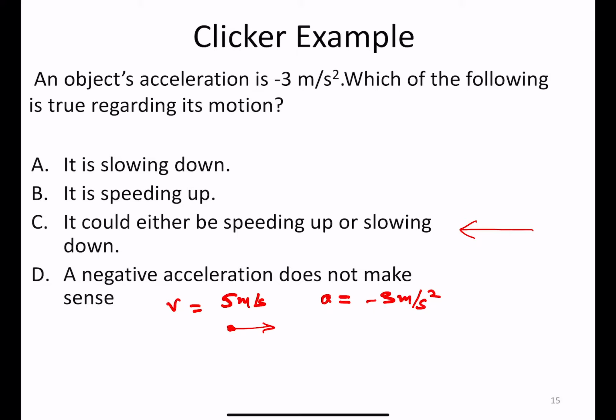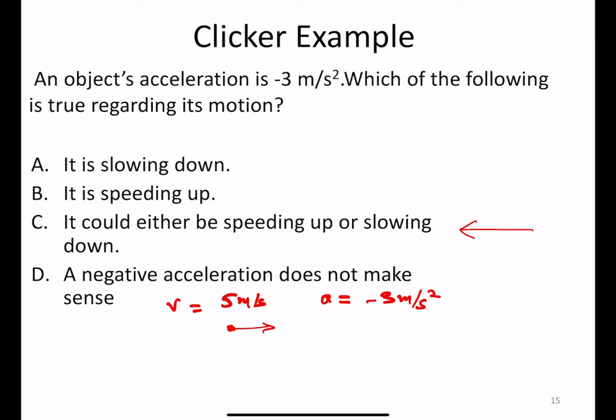What is the velocity going to be after 1 second? As we saw in a previous slide, a constant acceleration of minus 3 meters per second squared means that every second the change in the velocity is minus 3 meters per second.